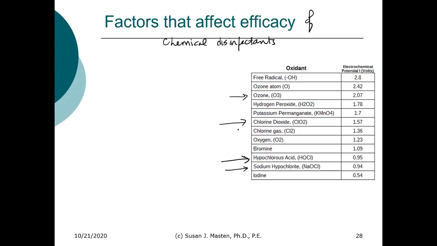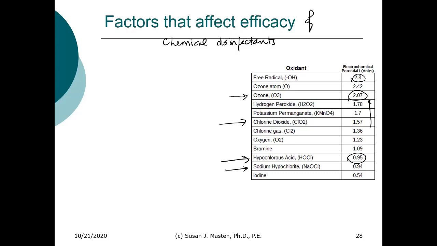Chlorine dioxide is here. The higher the redox potential, the stronger the oxidant. So if we look at ozone, it's 2.07. If we look at hypochlorous acid, it's 0.95. Ozone is a much stronger oxidant. The strongest oxidant we have is the OH radical.